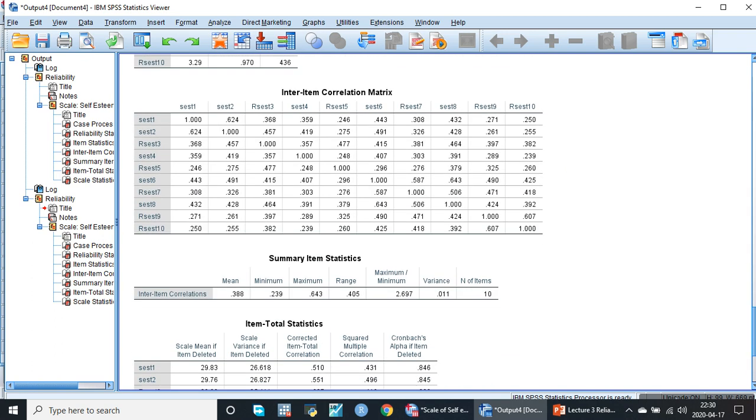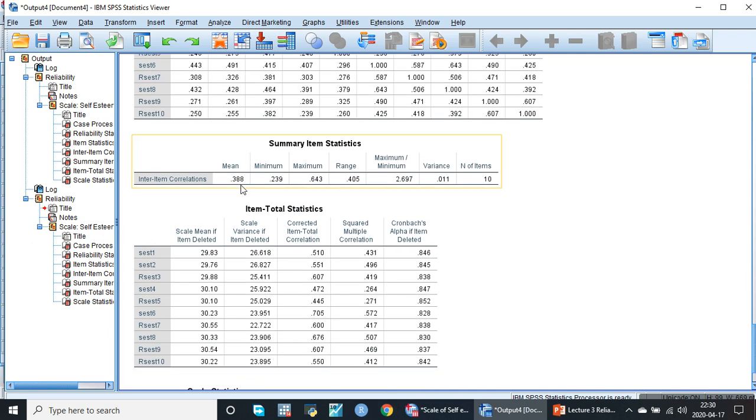In that case, we will use the mean value of inter-item correlation. If the Cronbach's alpha value is 0.6 or lower and the mean value is greater than or equal to 0.2, then we will say that the scale is reliable.